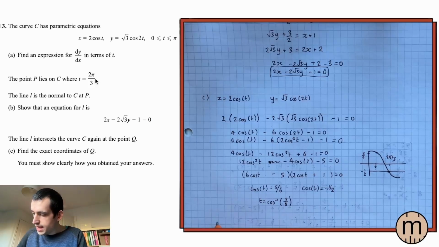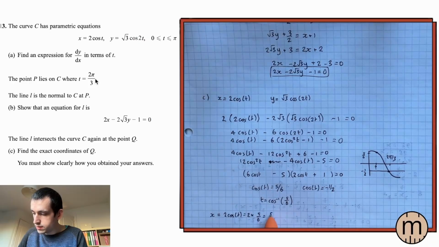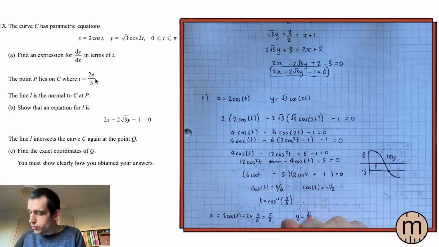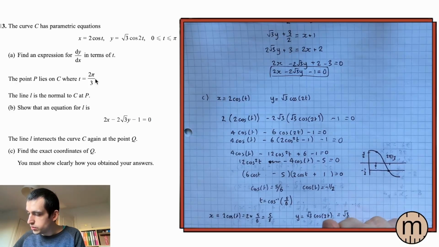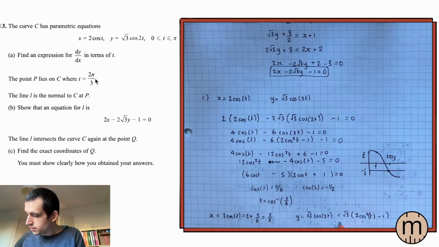So it looks like x we'll be able to find quite nicely because it's just 2 cos t, which is just 2 lots of 5 over 6, or 5 over 3. Now if we find y, it'll be root 3 cos 2t. I think I'm just going to use the double angle formula. Again, the cos version, because we've got cos of t here, 5 over 6.